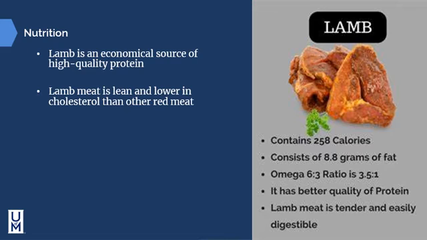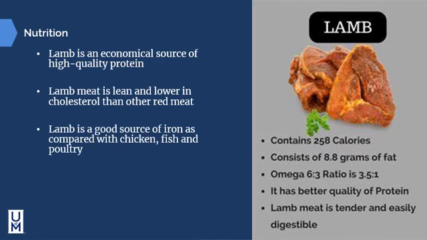It has a better quality of protein. Lamb meat is tender and easily digestible as well. Lamb is a good source of iron as compared with chicken, fish, or poultry. And lamb has less marbling than other red meats, so less marbling, less fat.